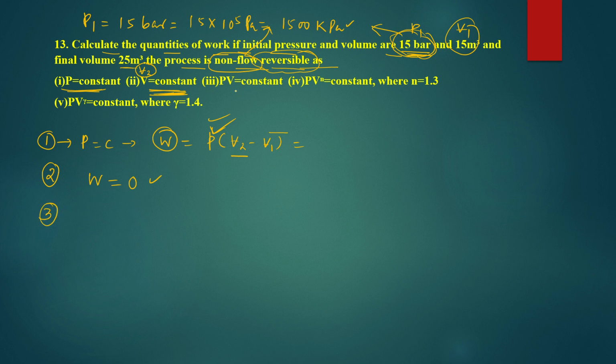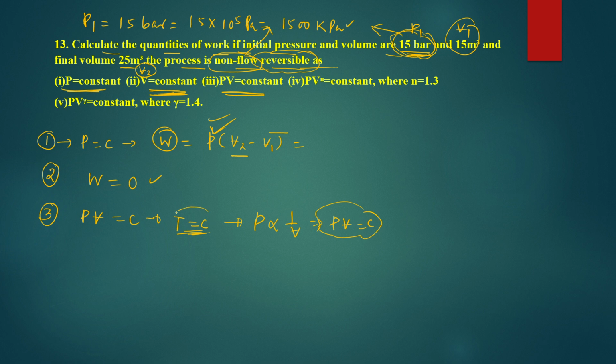For the third, when it says that PV is equal to constant, that simply means it is a constant temperature process. We know from Boyle's law that at constant temperature, pressure and volume are inversely related, and from here we got PV equal to constant.